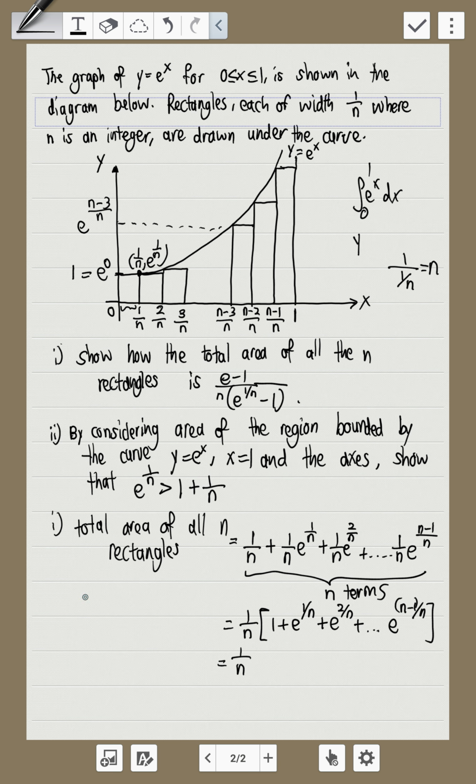If you have learned arithmetic progression or geometric progression before, geometric progression means every term in this series is a common multiple of the previous.